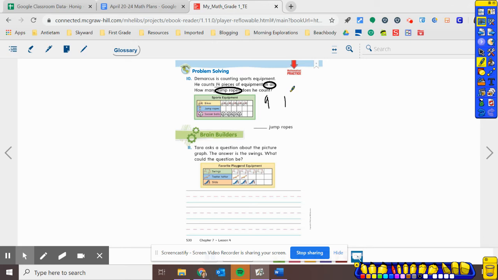So I'm going to take my whole number, 14, because he had 14 in all, and I'm going to subtract 9 to find out the missing number of jump ropes. So please pause the video, use one of your count back strategies or your fingers or something that you know to find 14 minus 9 and then write your answer over here and then unpause when you're ready so we can move on.